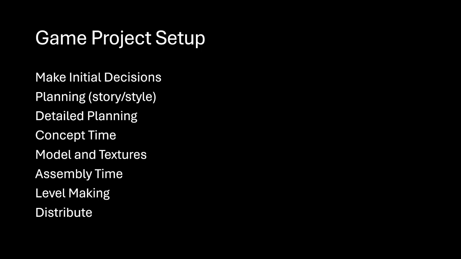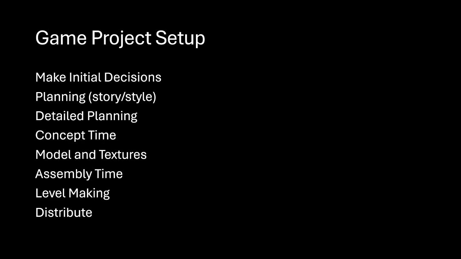So here is the game project setup. First one is to make initial decisions. This is deciding what game engine we will use. Next is what will attract people to your game, and who is your target audience. Next one is planning.